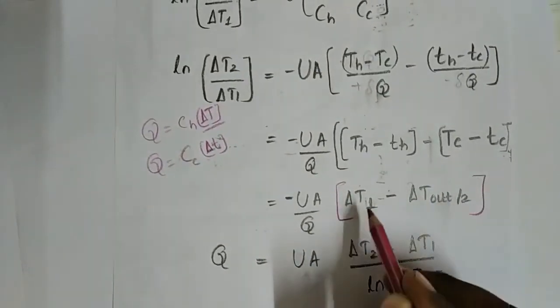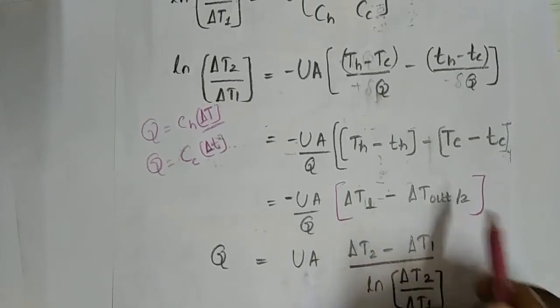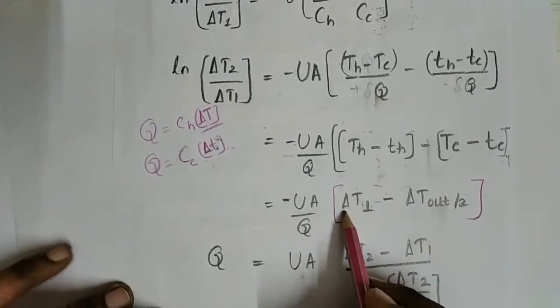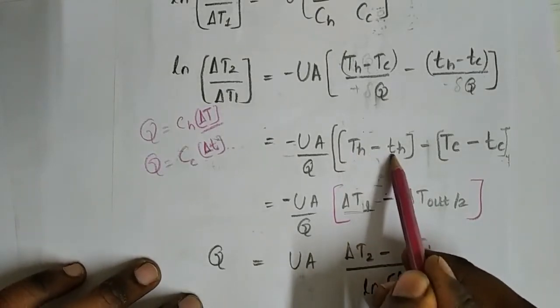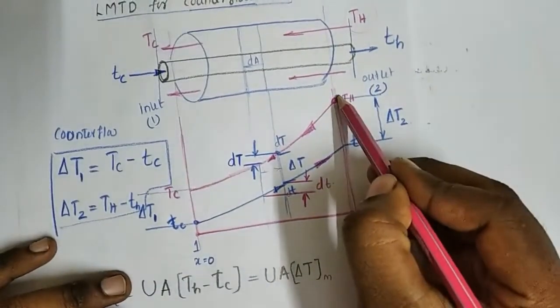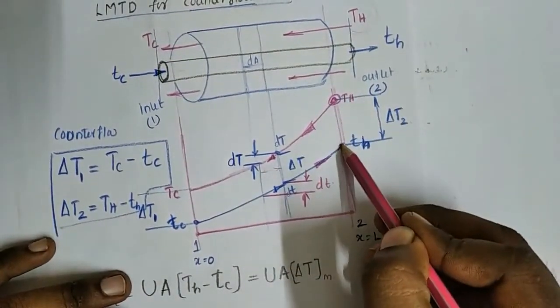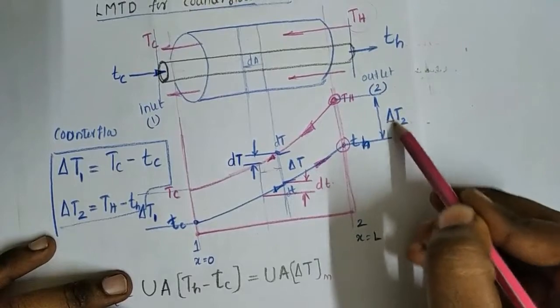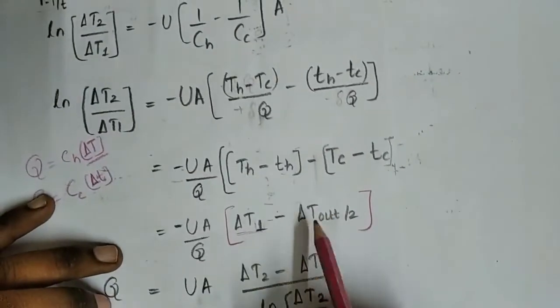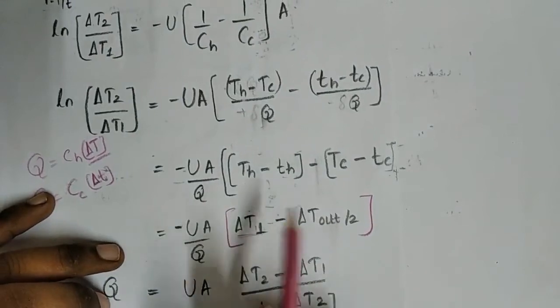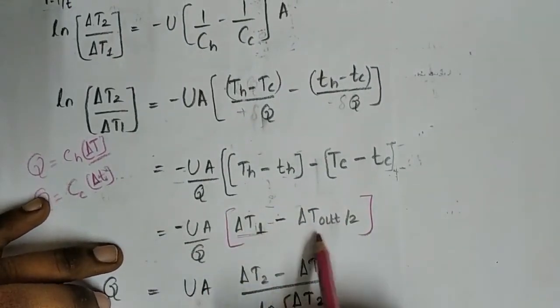delta T1 minus delta T out. Here what is delta T1? Here you can see capital Th minus small th, where this is the capital Th and this is the small th. Delta T2 is at the outlet. Sorry, delta Th minus delta T outlet.